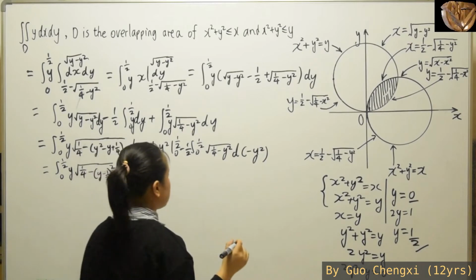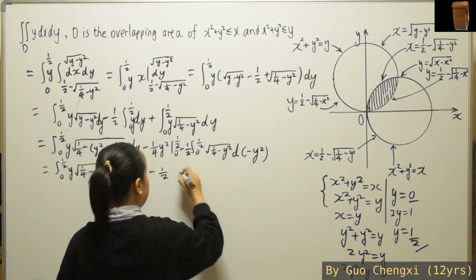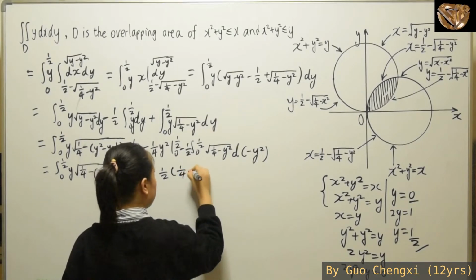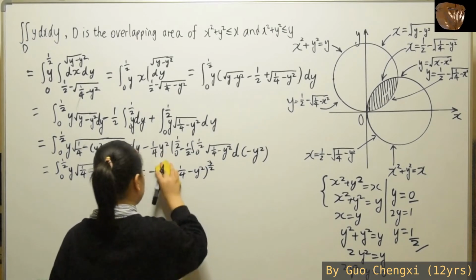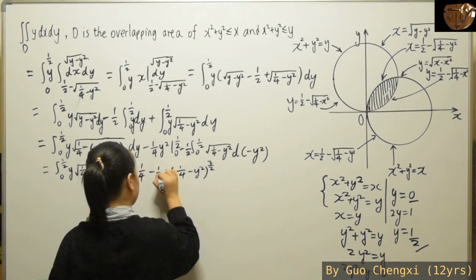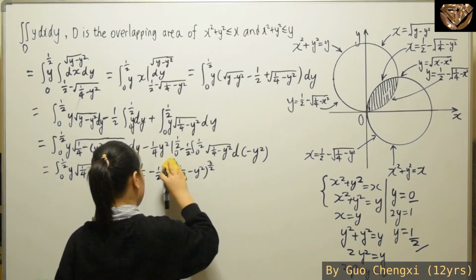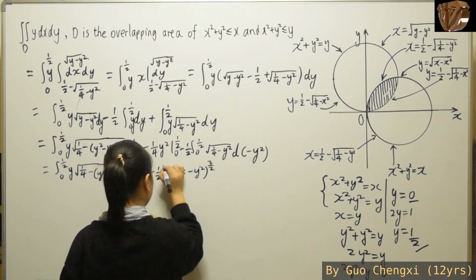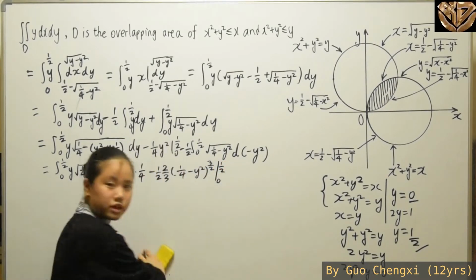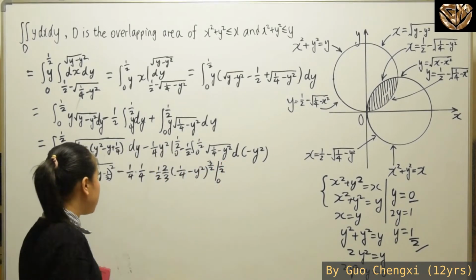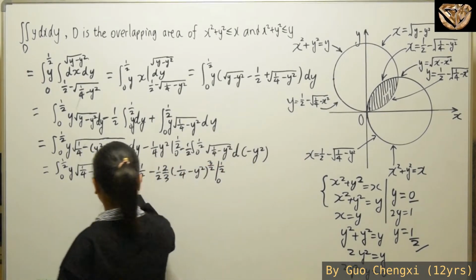So this is basically square root x dx, x to the power of half. So you're going to have like this, okay?